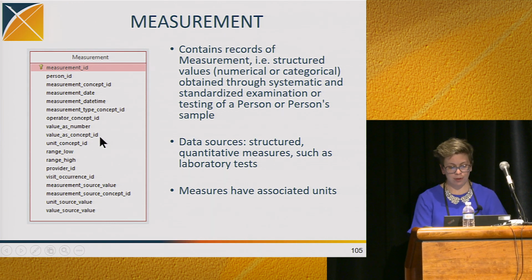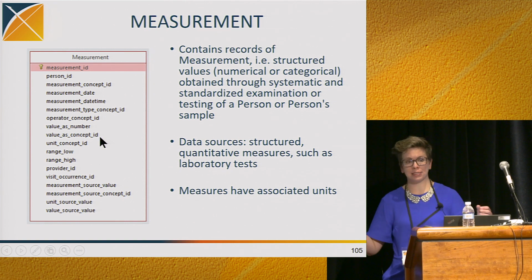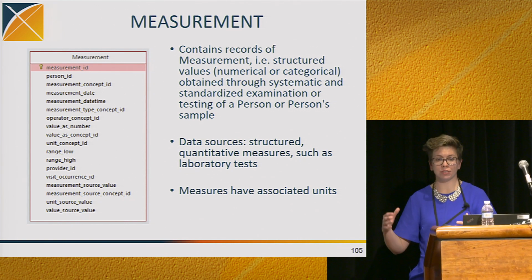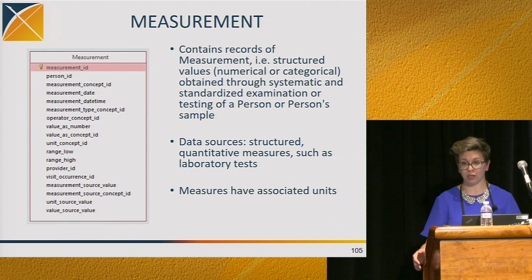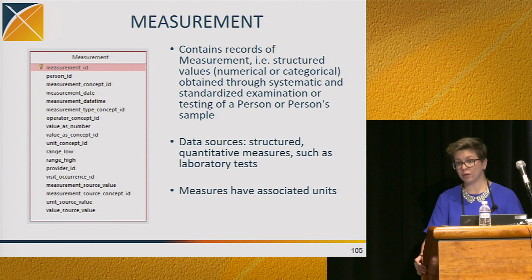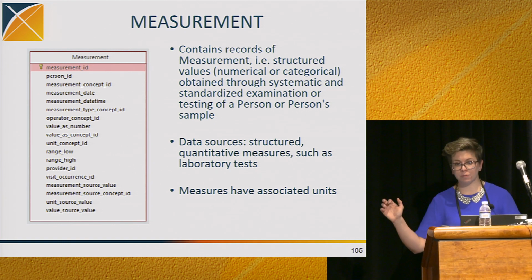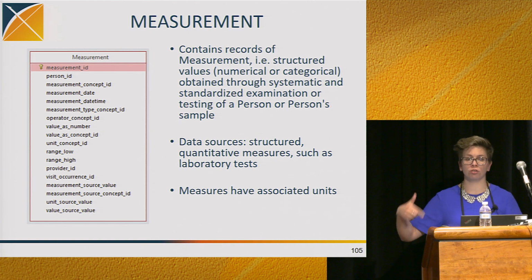You can also represent, if you get a value that's like high or low, we can take those values and store them as standard terminology. For your ETL builders, a lot of times this is a lot of work, because different lab measurements will come across in lots of different ways. High might be represented as H, or high misspelled. And so sometimes the ETL builders have to go through and try to fix some of that.